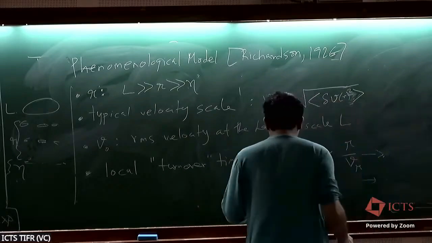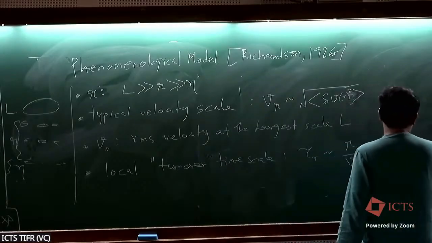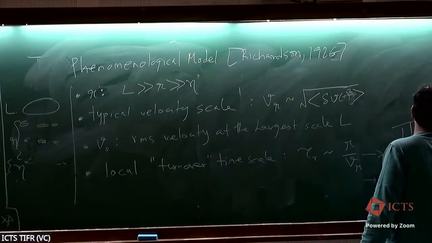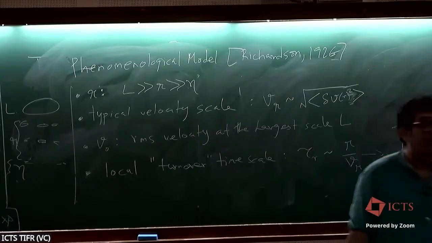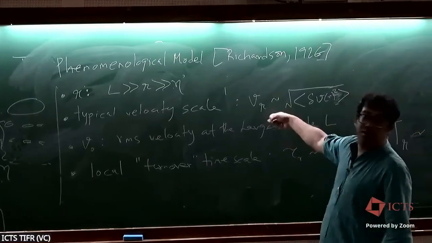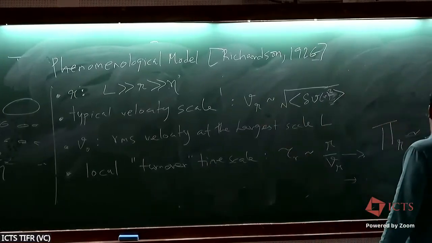So this would essentially mean that if I look at the transfer of energy over scale R, it would really be the amount of energy I have at that scale that I can define, because I've sort of defined the local velocity times velocity scale. So it will just be some V_R squared.